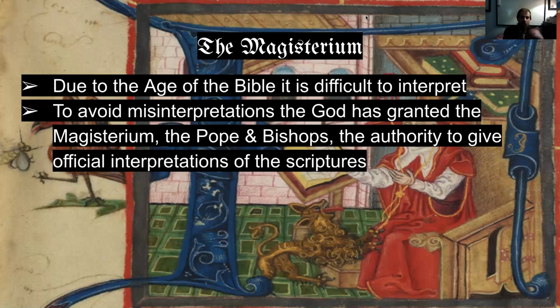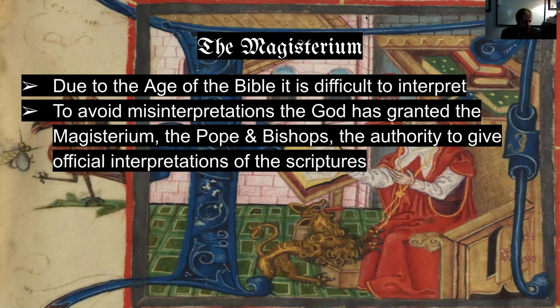And so if you want an ancient document translated and you want to translate it correctly, you're going to want to confer with an expert. So this is why we allow the learned men of the church, the Pope, the bishops, all of these men have studied lengthy amounts of both the languages we're dealing with, Hebrew and Greek, as well as Latin, which many older translations of the Bible were written in as well.